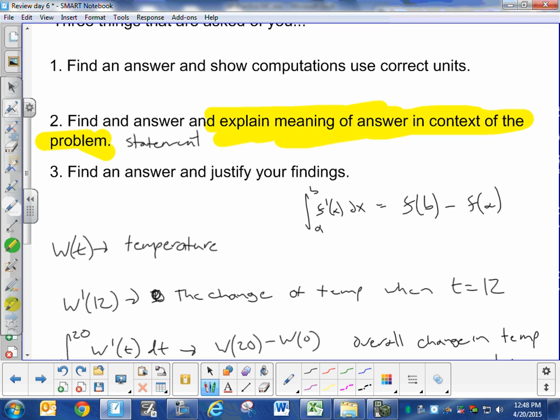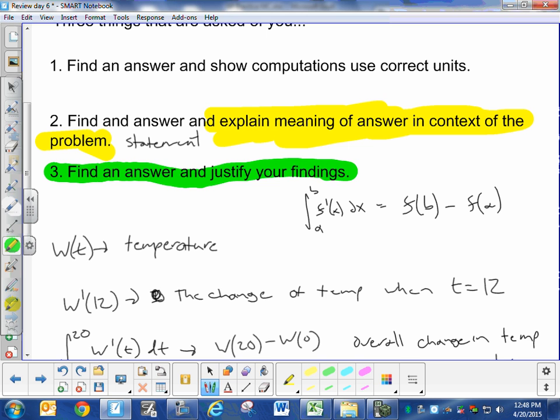Now, everybody's least favorite, but one that's not that bad once you just practice it, is to find your answer and then justify your findings or explain the meaning. Explain your reasoning. That's what they say.